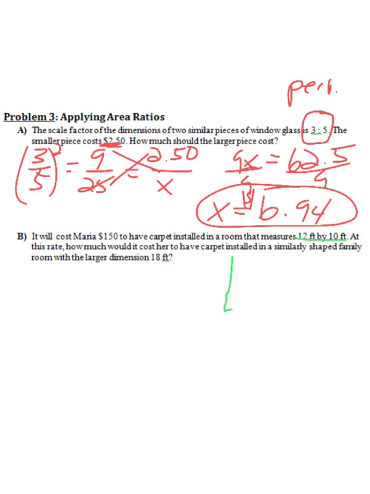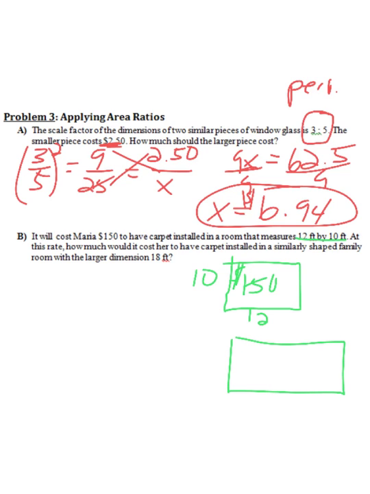So if I draw a 12 by 10 here, this is $150. So now they want to do an 18 dimension, but we don't know what this is going to be. Okay, so you'll notice that 12 and 18 are matched up together. That's going to be what we use for our ratio.